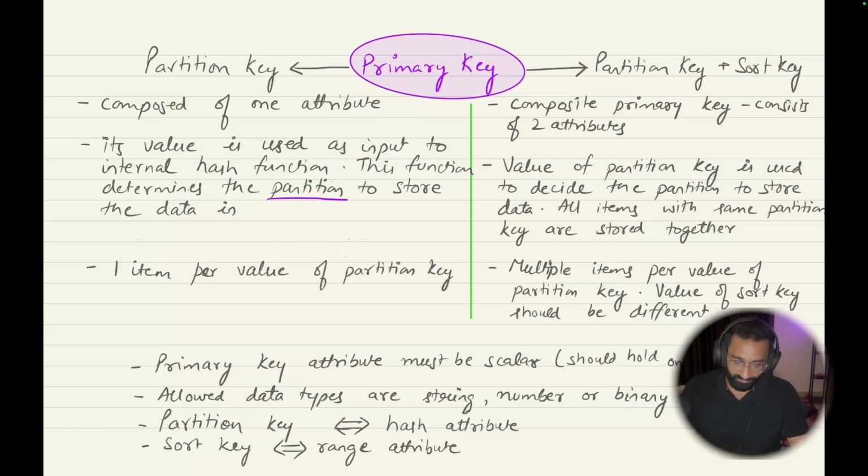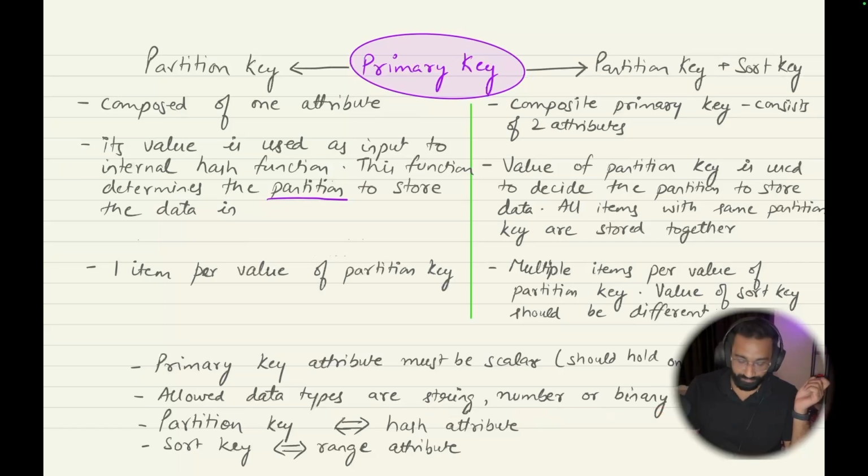Now, if I have to talk a little bit more about the primary keys: primary keys must be scalar. They should hold only one value. It cannot have multiple values, as in it cannot be a list or a map or a document structure. Allowed data types for your primary keys are string, number, and binary.